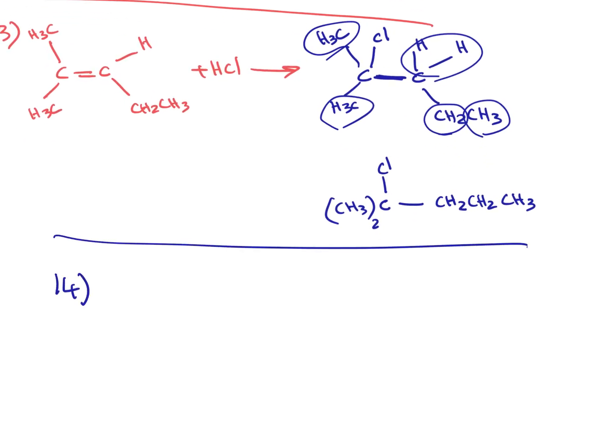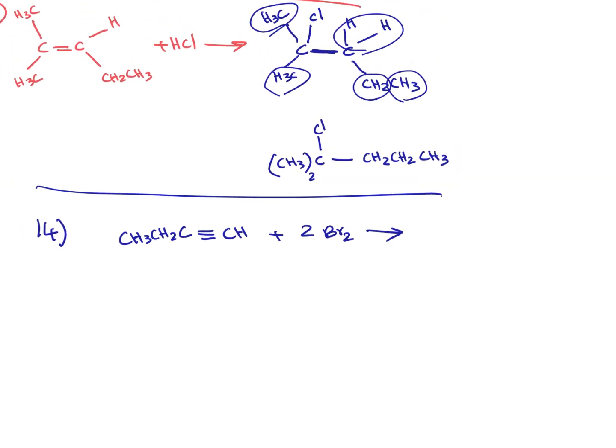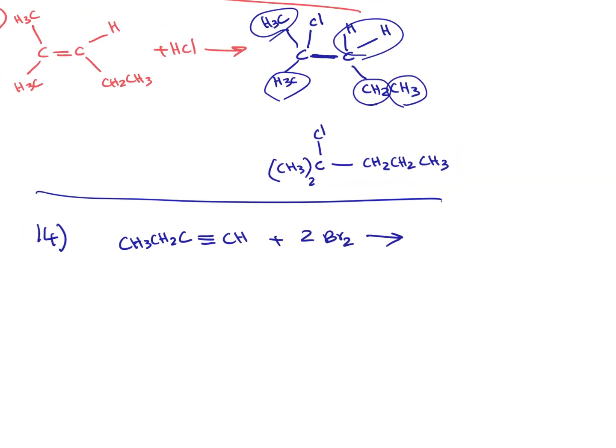What is the product of the reaction CH3, CH2, C, triple bond, CH plus 2 Br2? Okay, remember that now we have 4 Br atoms, and we eliminate basically these 2 double bonds here.